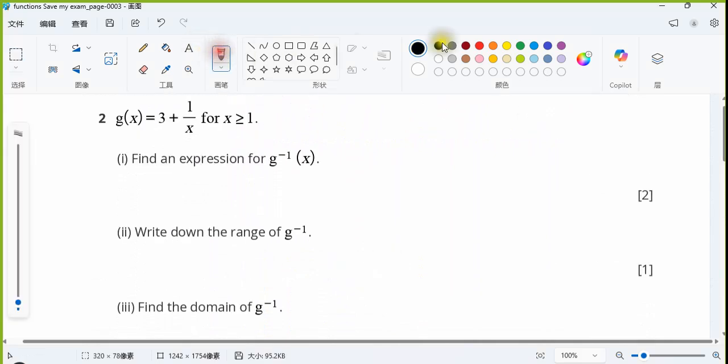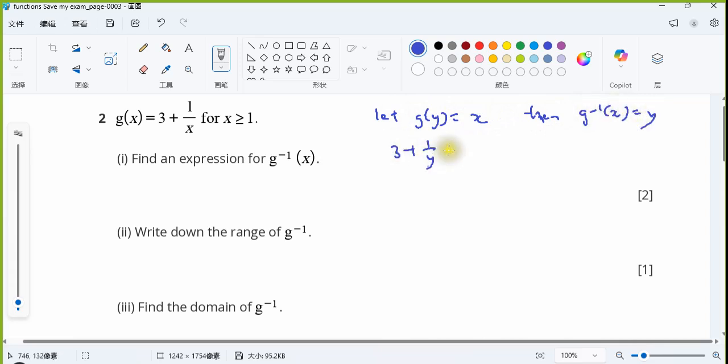Question number 2, we have g(x) = 3 + 1/x. Find an expression for g inverse. So let g(y) equal to x, then g inverse of x equal to y. So 3 + 1/y = x, 1/y = x - 3.